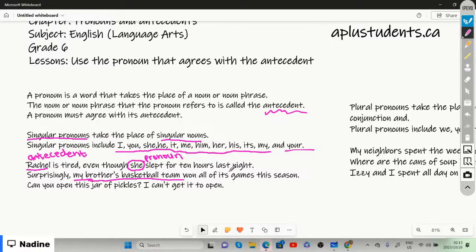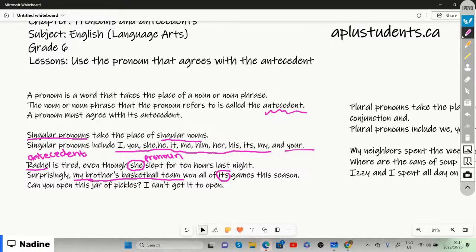And the pronoun is its games. Who won its games? It's the basketball team. So its is the pronoun, and the antecedent is my brother's basketball team, or you can just say the basketball team.